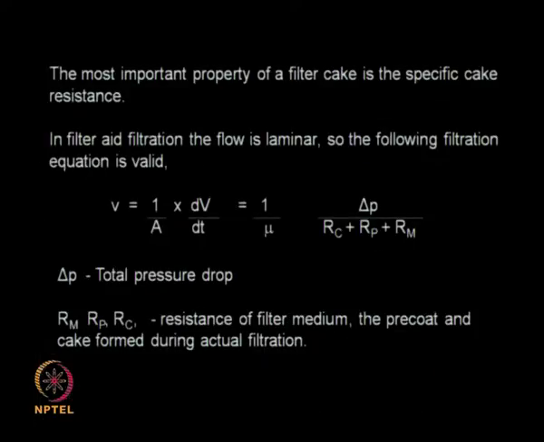The most important property, as we remember in Darcy's law, is the specific cake resistance of the cake or permeability of the cake. Okay. So the permeability is inverse to the specific cake resistance. So we talked about different types of models.